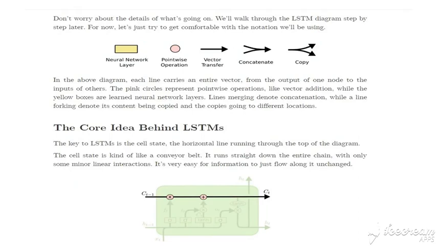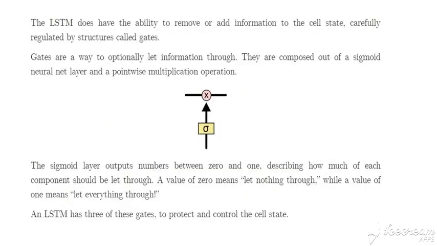The core idea behind LSTM is that there is a conveyor belt on the top, which I told you about: CT minus 1 is the previous feedback and your next would be CT. It works in that way. Just the multiplicative factor and the addition factors, with the multiplication and addition factors you get CT. Now, this is how the operation works.